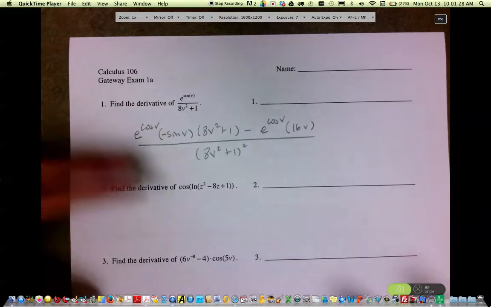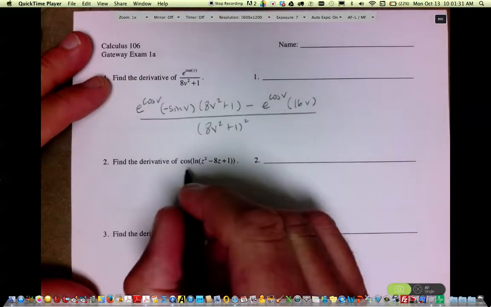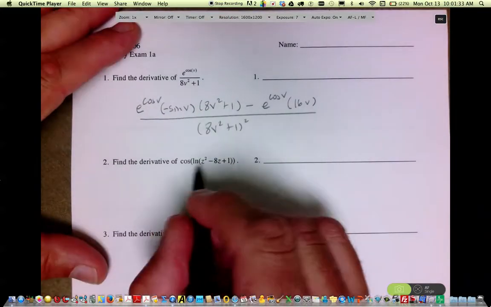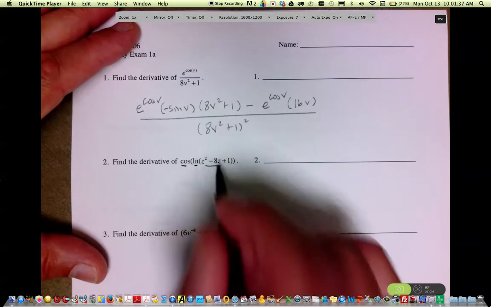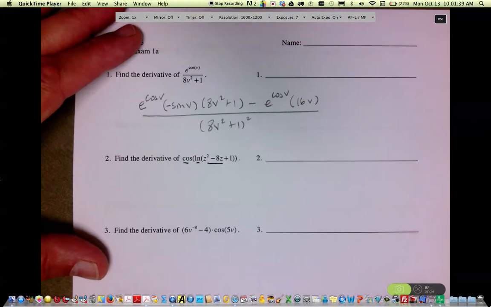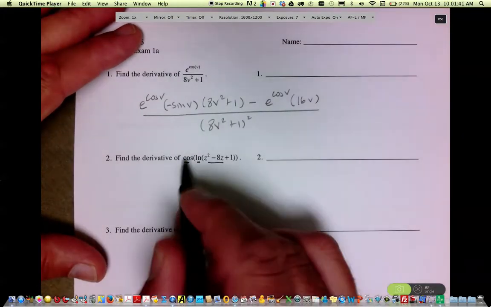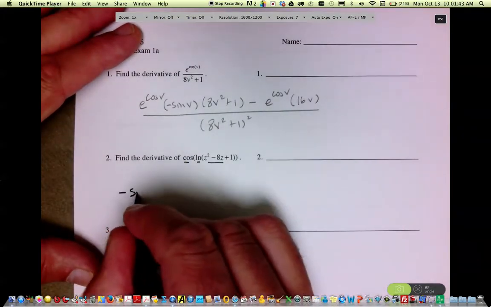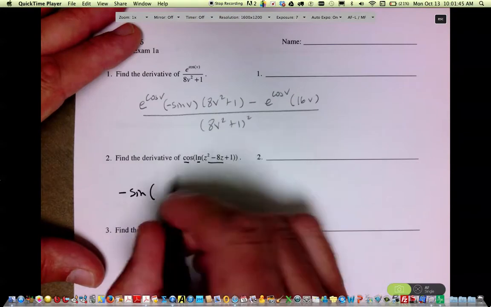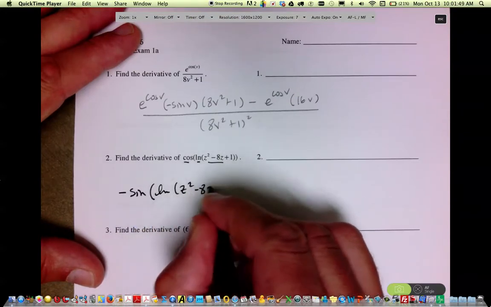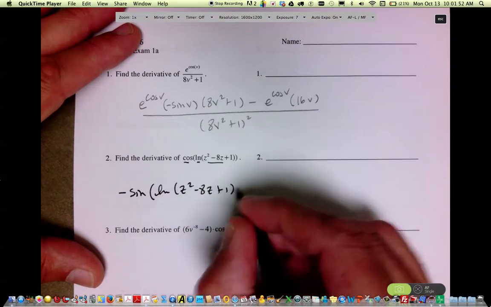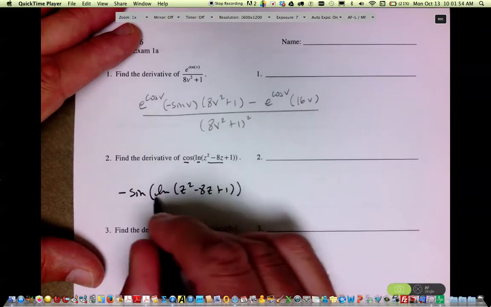Okay, the next problem was quite a bit more involved. This is going to be chain rule several times. And I see there's a cosine function, there's a natural log function, and there's a quadratic function. So we're going to start from the outside. Take the derivative of cosine, which is negative sine. Right? And then the stuff on the inside we leave alone, natural log of z squared minus 8z plus 1. Right, then we take the derivative of natural log.